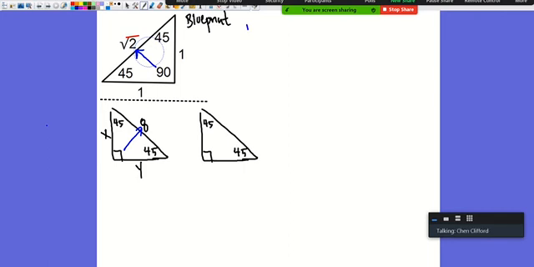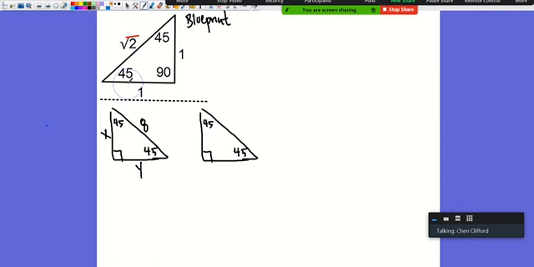Or you can think of it as 8 is the longest side and root 2 is also the longest side. But I would rather you think of it as the side across from the 90 degrees.